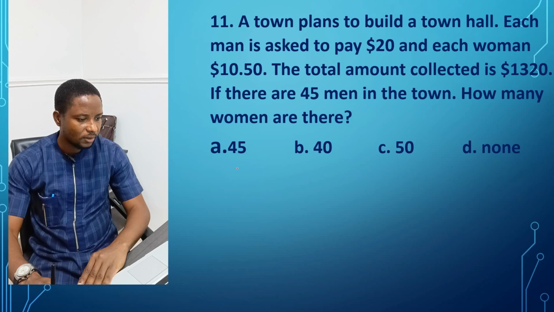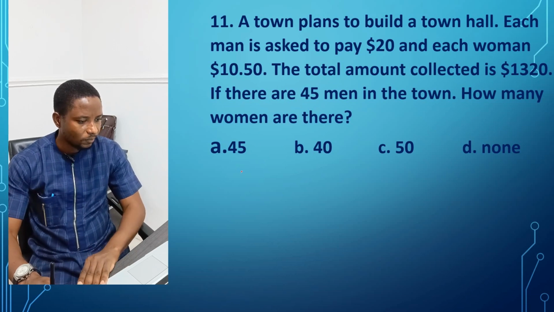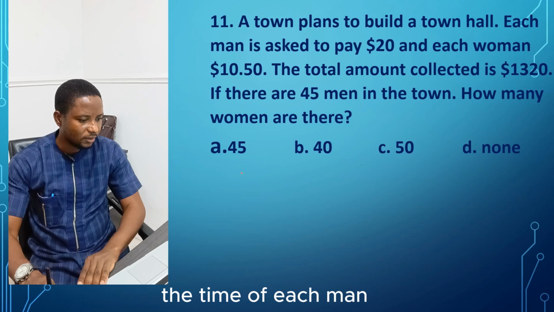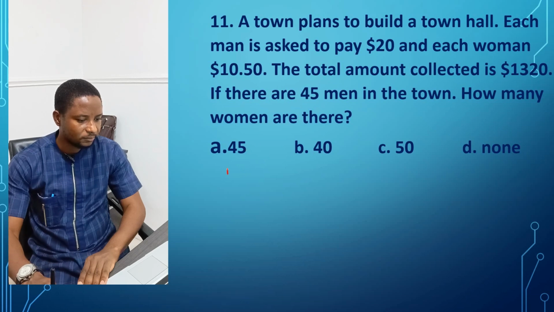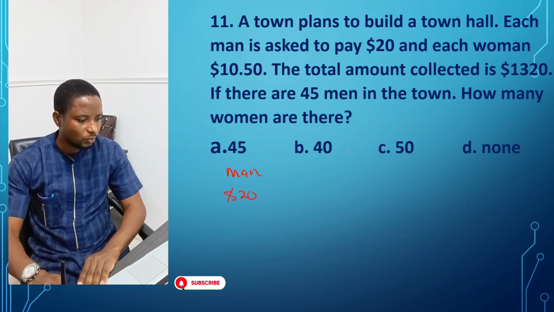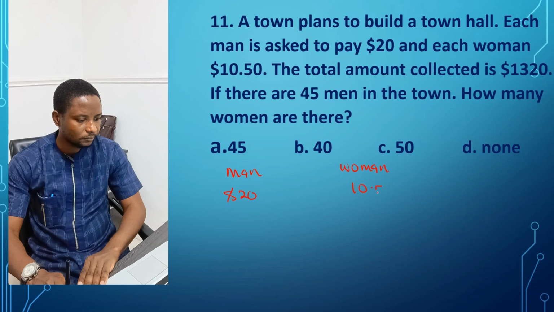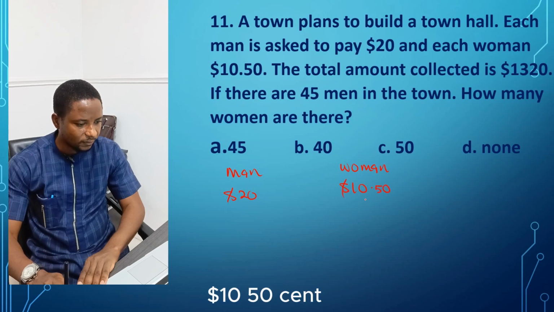Number 11. A town planned to build a town hall. Each man is to pay $20, while each woman will pay $10.50.